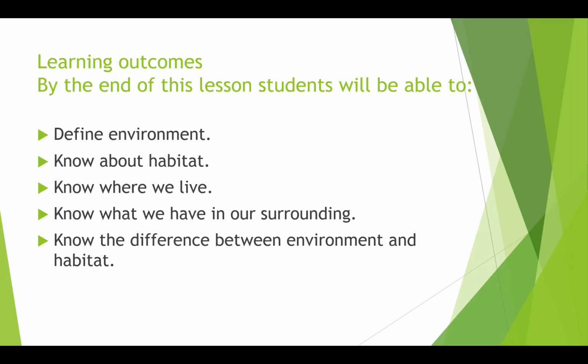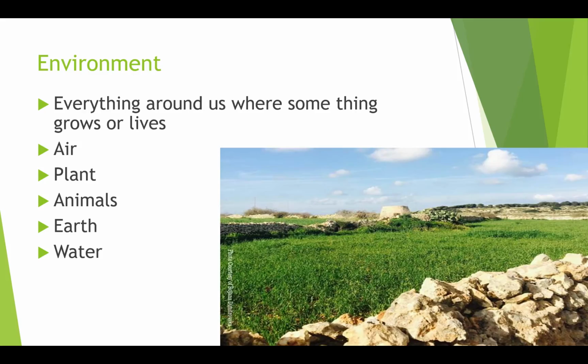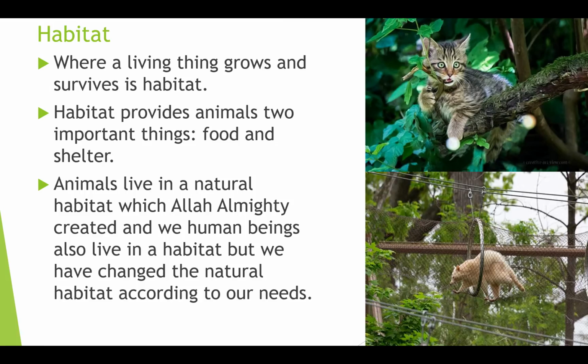Basically, environment is everything around us where something grows or lives, just like plants and animals. Air, plants and water are involved in the environment. And now, what is habitat?